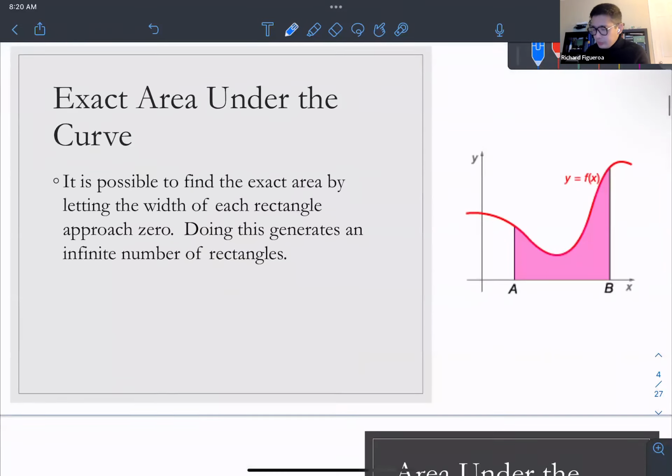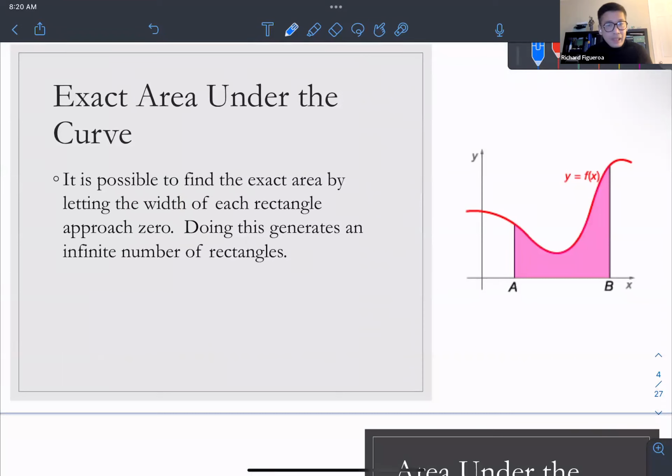That is how we represent the area. This generates an infinite number of rectangles, so the entire area bounded by the curve can be covered, and thus our representation will be more accurate.